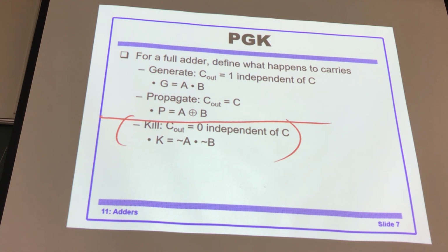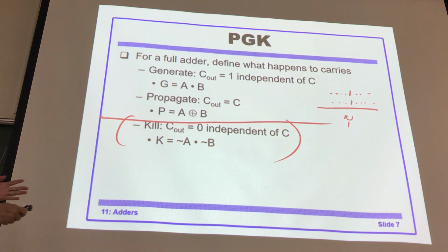What is G? G is A and B. Meaning, if A is 1 and B is 1, then you get carry generate, meaning you will generate a carry out. Right? At some bit position, if both A and B are 1, definitely you get carry out 1.